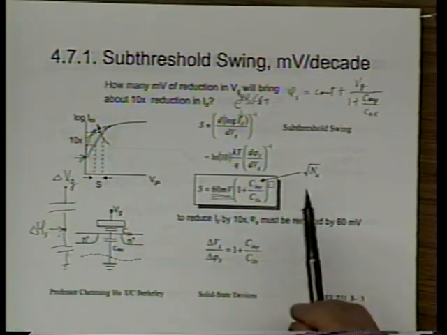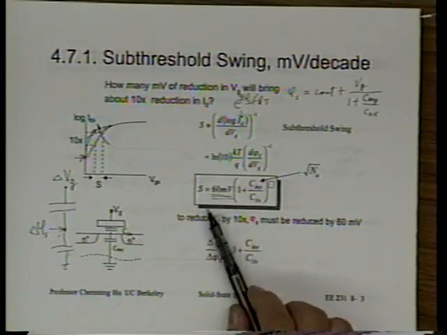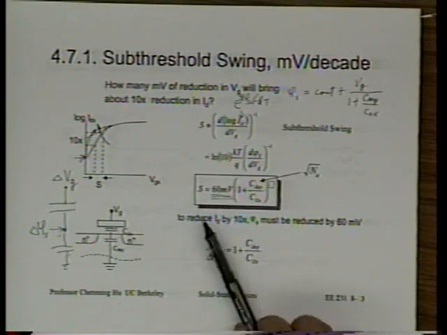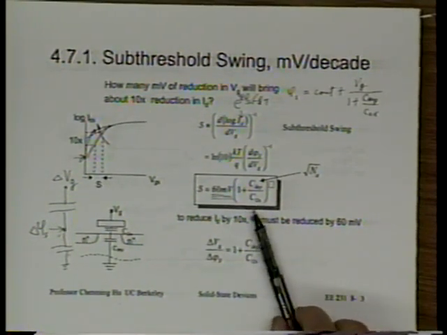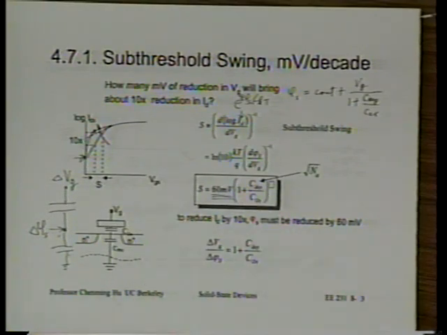So we should always be rooting for the small swing. Because we're rooting for a small swing, the first thing we recognize is that we cannot design a transistor with swing any smaller than 60 millivolt. If we can get 60 millivolt, we're very, very happy. All right? We always get a swing larger than 60 millivolt. Larger by how much? Theoretically, by a factor of 1 plus C depletion over Cox.